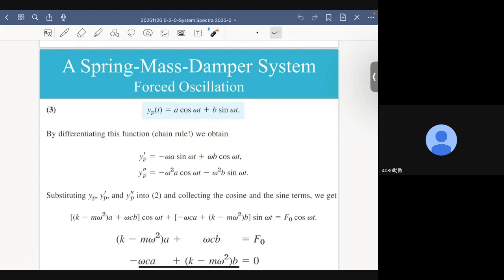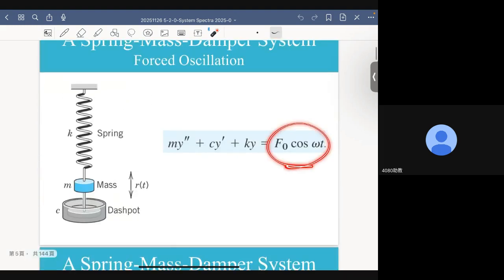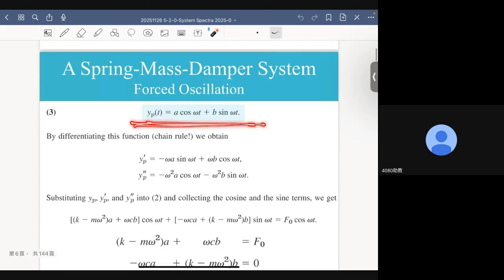The method of undetermined coefficients tells us if you have a forcing function like this, you can assume the particular solution to be a linear combination of cosine and sine with the same frequency. And that is exactly what we are doing.